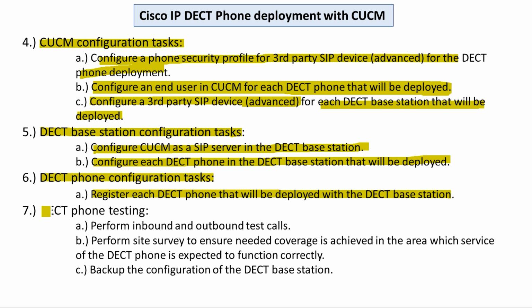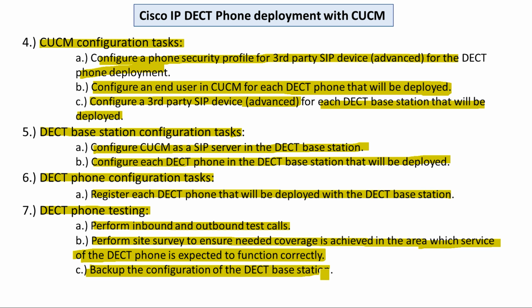And then the last phase of this will be DECT phone testing. Perform a site survey to ensure needed coverage is achieved in the area in which the service of the DECT phone is expected to function correctly. And then once you have a working configuration, you want to back up the configuration of the DECT base station.